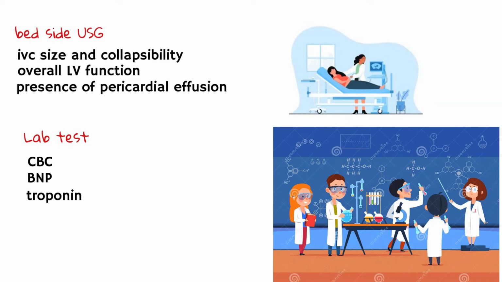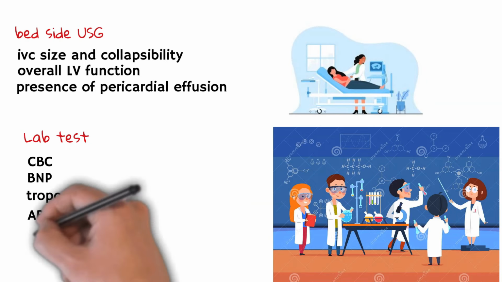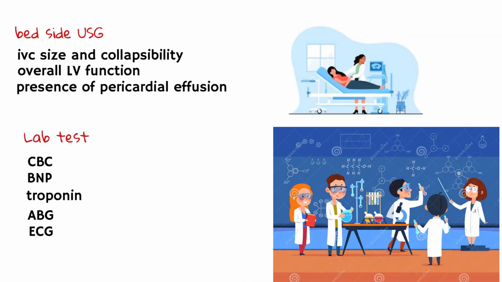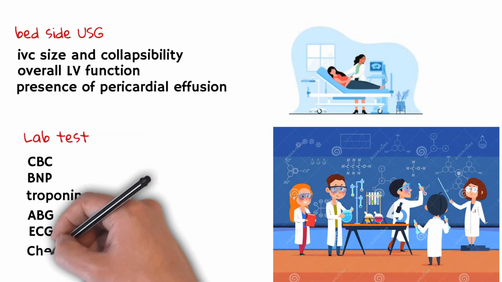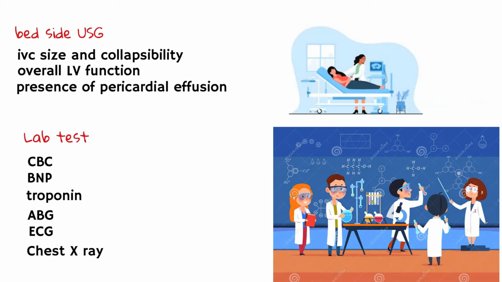Arterial blood gas parameters should also be measured 2 to 4 hourly. ECG should be done to look for any heart block, arrhythmias, and signs of ischemic changes after acute chest pain. Chest X-ray can also be done to look for signs of pericardial effusion or pneumothorax.